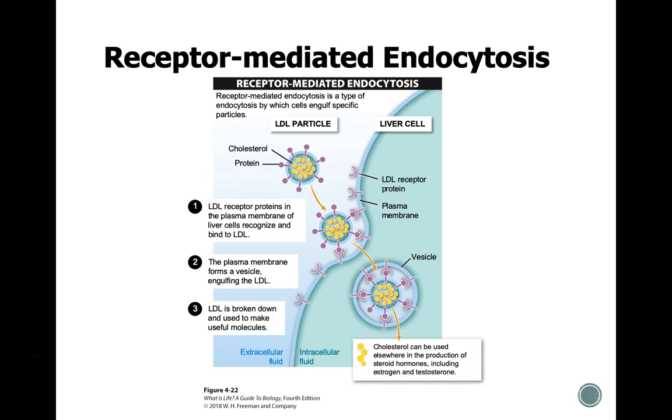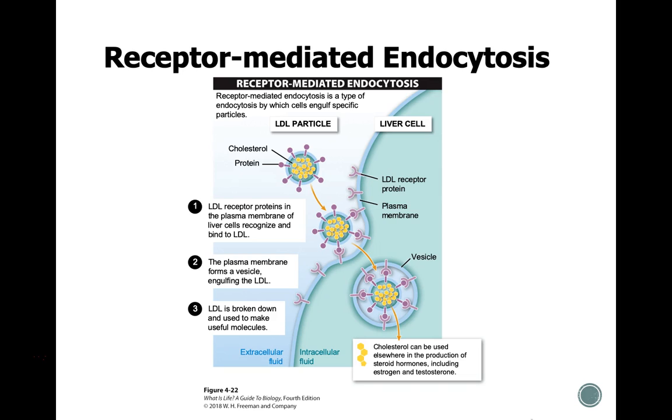This receptor-mediated endocytosis is the process by which the little particle containing your cholesterol molecules can actually be brought in to the cell. So cholesterol is then used for the membrane. It can also be used elsewhere in producing hormones. So cholesterol is actually a precursor to our sex hormones, estrogen and testosterone.